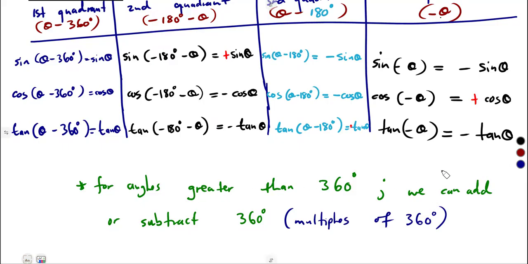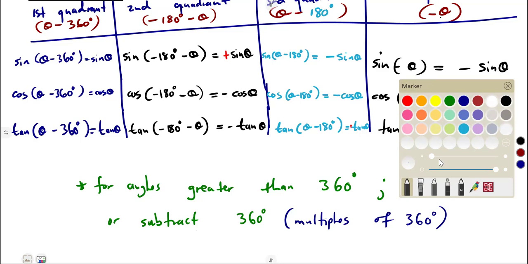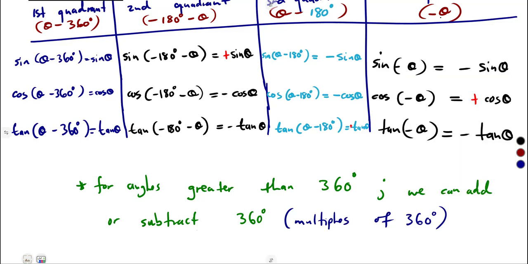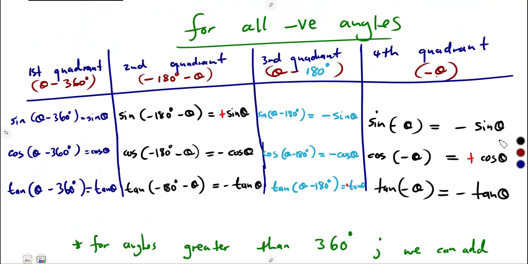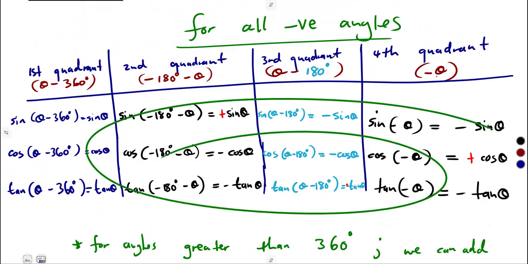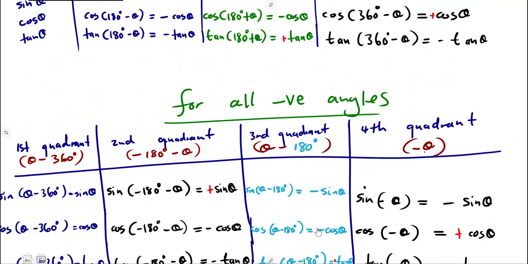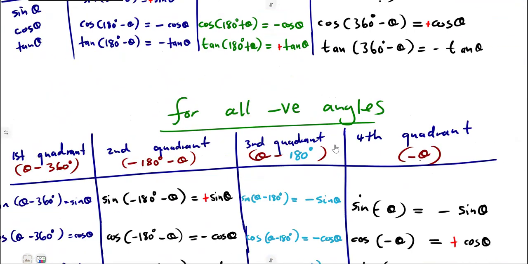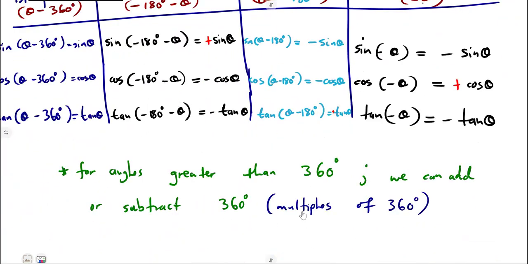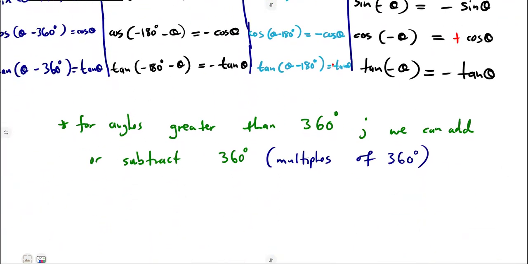So we add or subtract 360 degrees until the angle can be written in the form of those angles between 0 and 360 degrees, whether negative or positive.